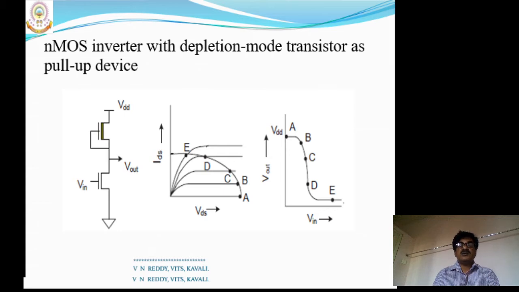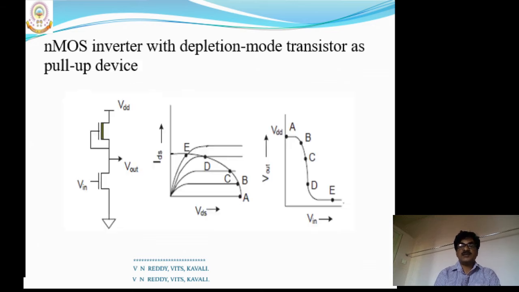Now, first of all, I am going to apply logic 0 as an input for this inverter. That means applying 0 volts at the input of the pull down transistor. With 0 volts at the gate of the pull down transistor, it goes to the off state because a very low gate voltage, 0 volts, is less than the threshold voltage.